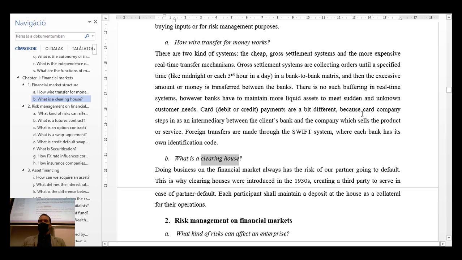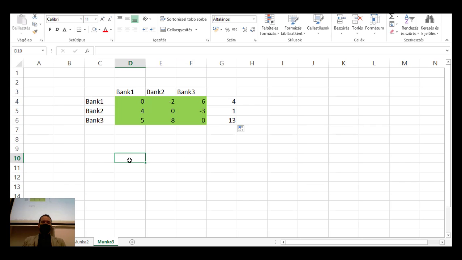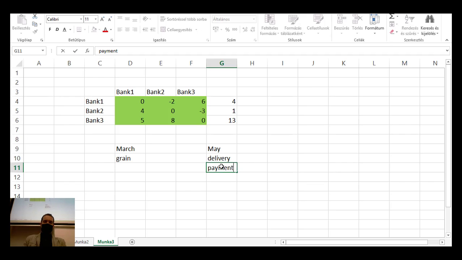It was based on this: if we are trading on commodity markets, and I would like to sell some grain in March and deliver in May, with payment happening at the same time, this is client 1, this is client 2.